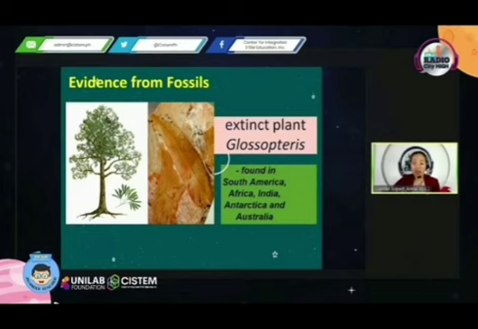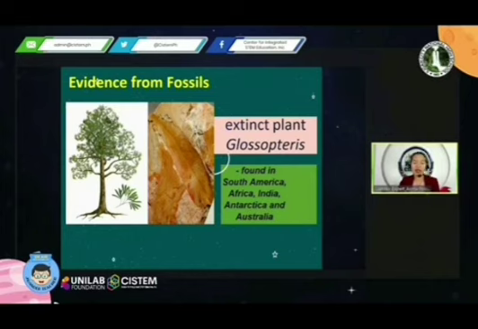locations. So the seeds of this extinct plant Glossopteris are very large. So kung iisipin natin, right?